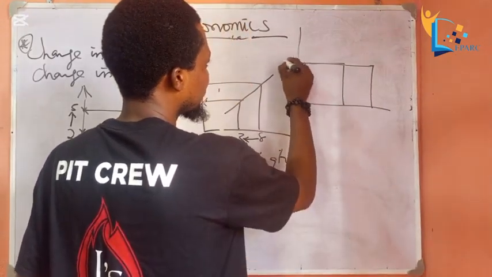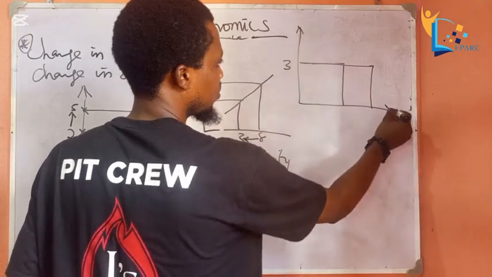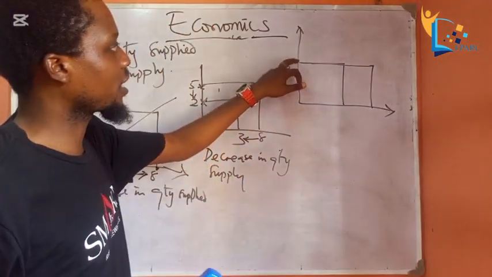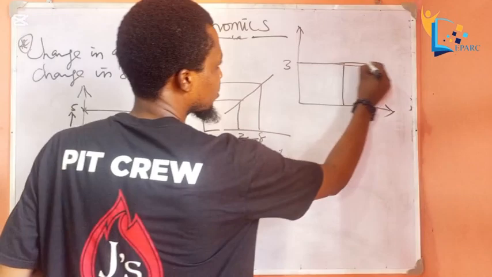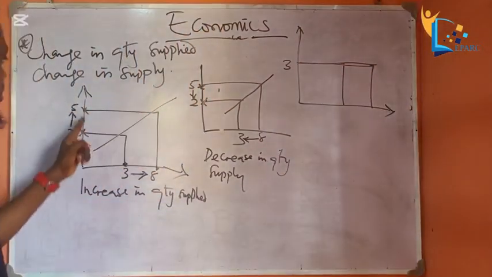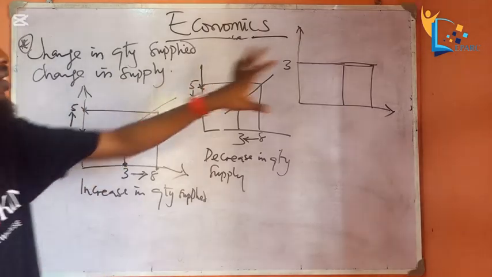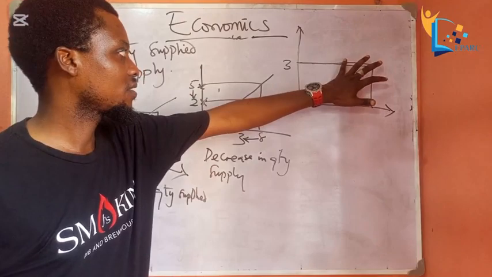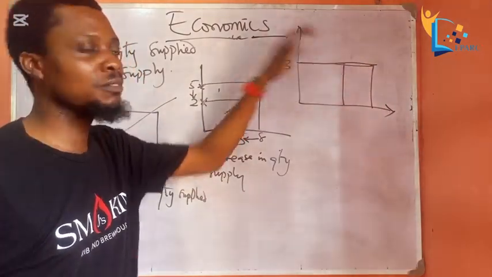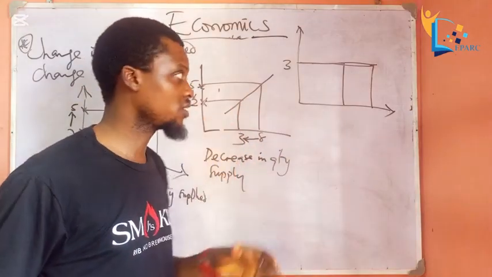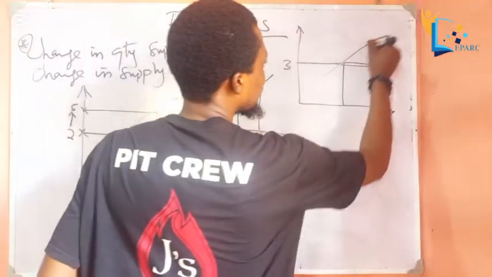Now this is price. Let's say this is 3 naira. If you check, price here is constant. Remember I told you, in the earlier case price varies, either increase or decrease. But in this case, price is constant, but other factors vary.